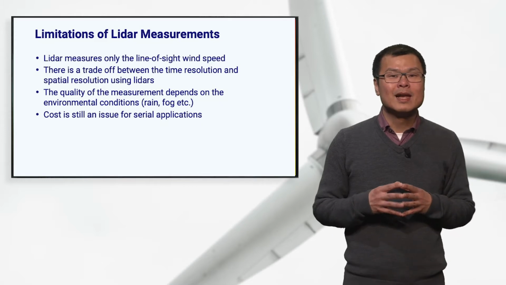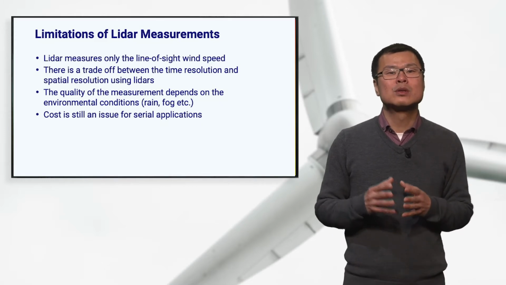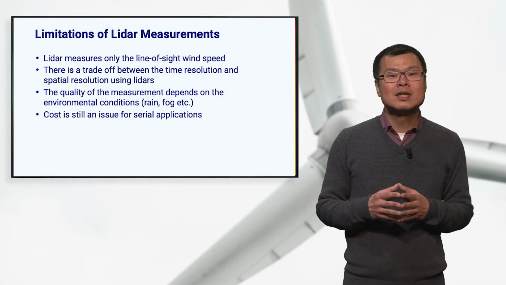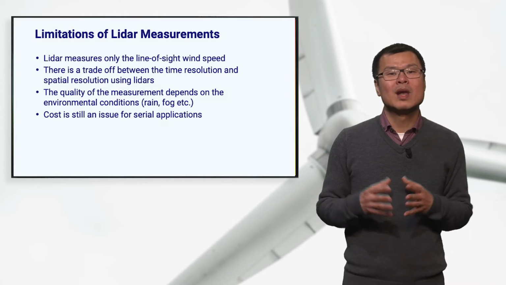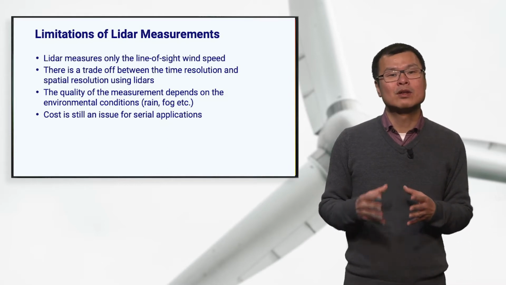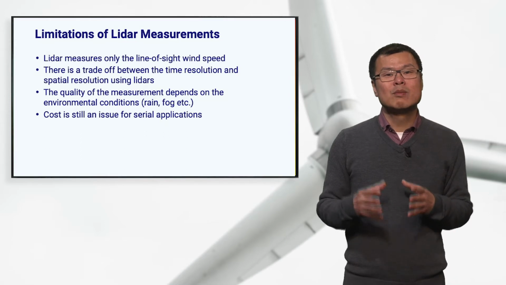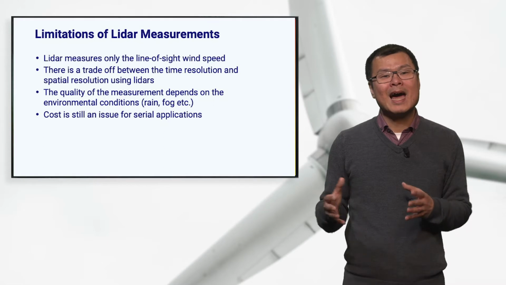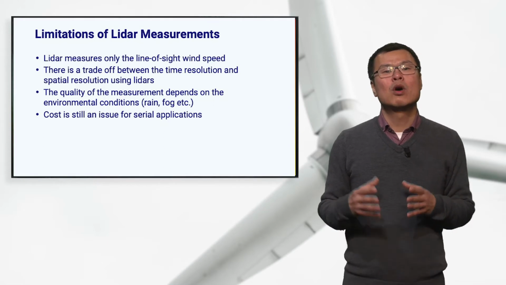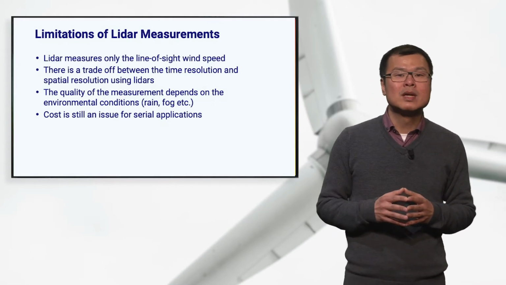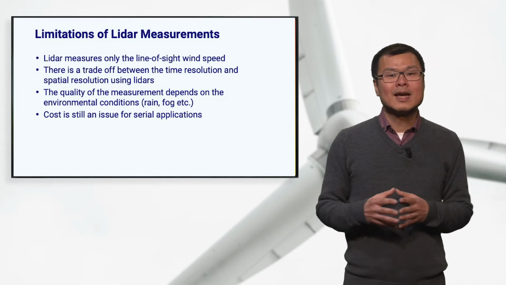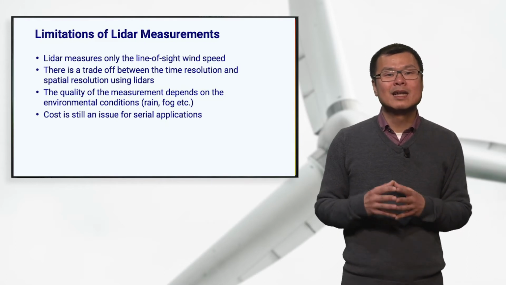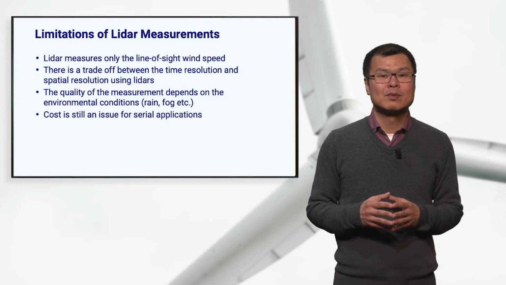First of all, LiDAR does not measure the 3D velocity vector, but the so-called line of sight velocity. We need to make some model assumptions to translate the line of sight wind speed to the horizontal and vertical wind speed. Second, the LiDAR has limited resolution in time.